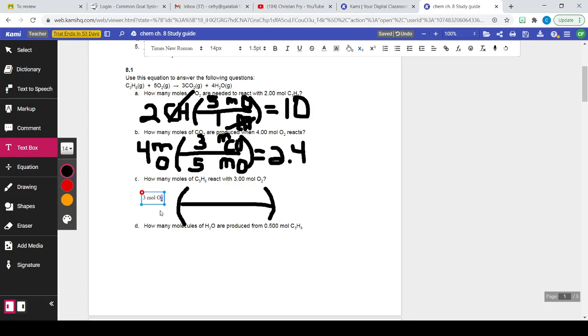Yeah. All right, so I have 3 moles of O2 on the outside of my parentheses here. So on bottom, I'm going to have moles of O2. And on top, I need to get to moles of C3H8.